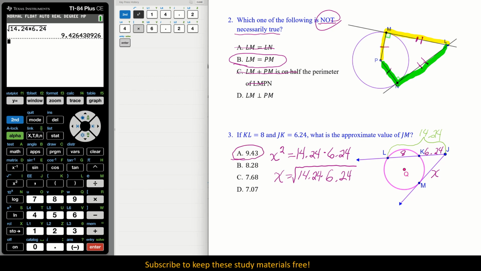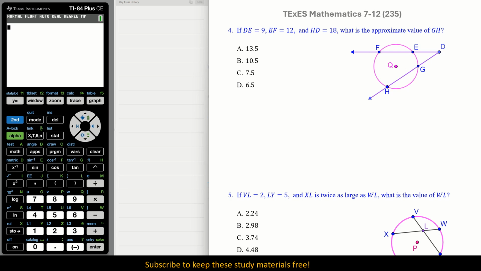Let's go to number 4. If DE equals 9, and EF equals 12, and HD equals 18, what is the approximate value of GH?